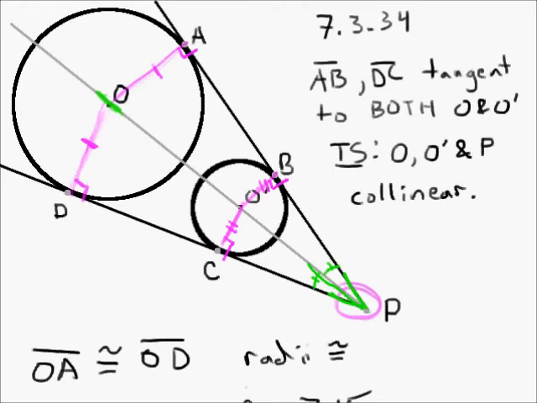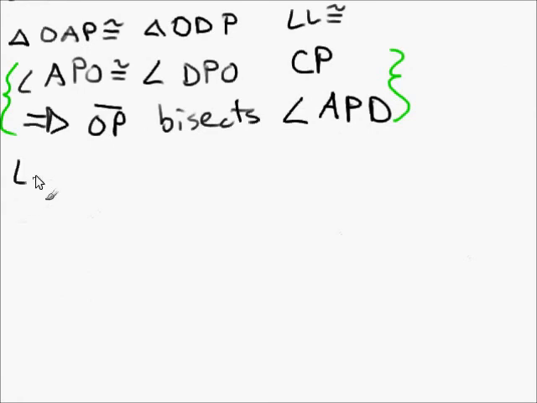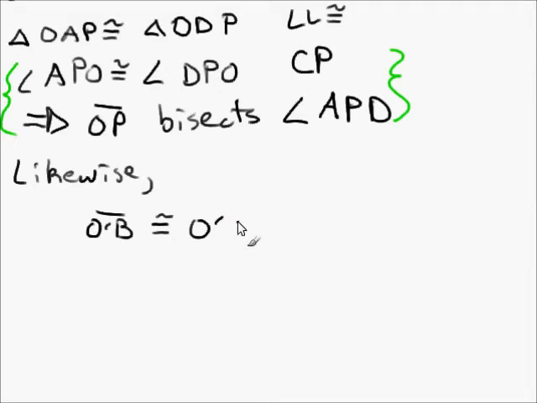So we're going to repeat the same argument we just did with circle O, but instead of using these points on circle O, we're going to use these points on circle O prime. Likewise, O prime B is congruent to O prime C because all radii are congruent.